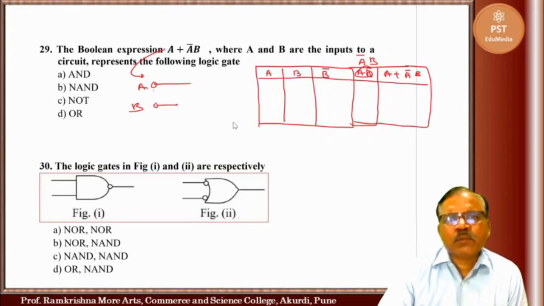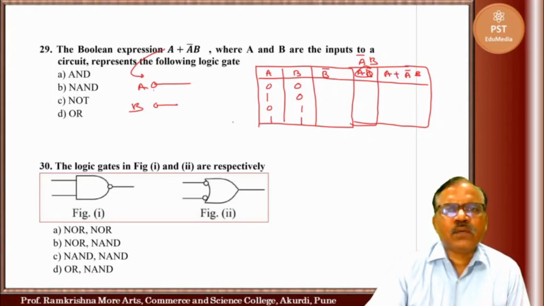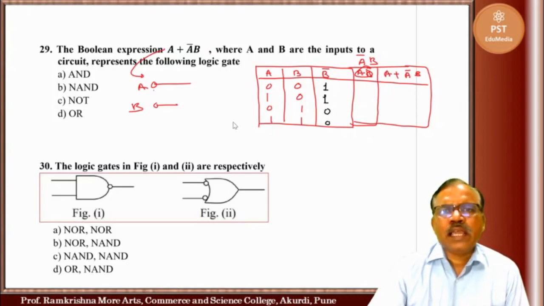So suppose we take 0, 0, 1, 0, 0, 1, 1. Now B bar is 1, 1, 0, 0. Then A bar B. Sorry, we require A bar here.